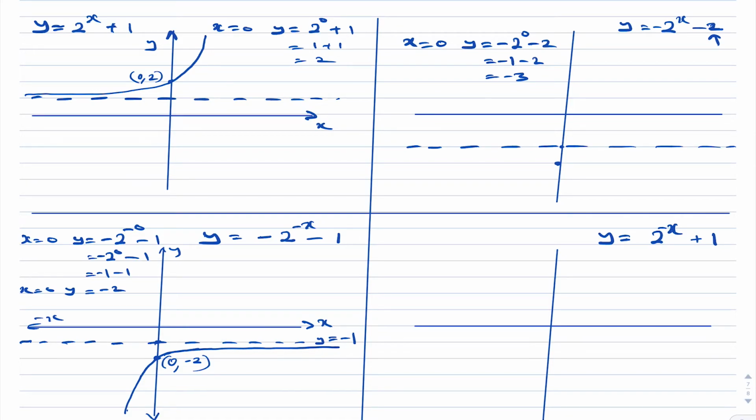So this is approaching, crossing -3 and approaching -2. So it's actually coming this way.